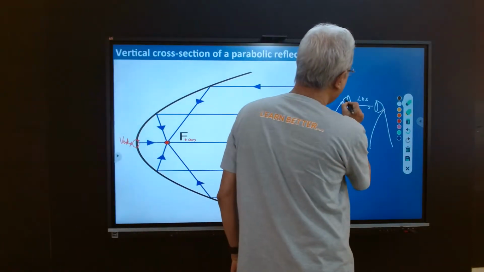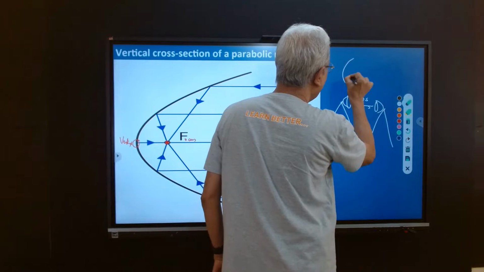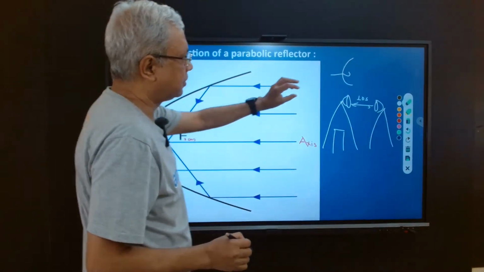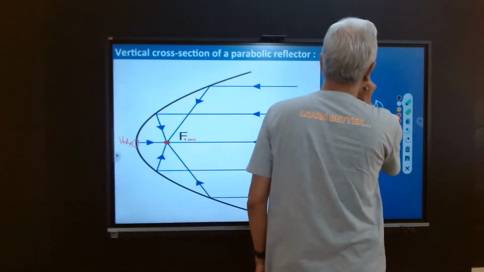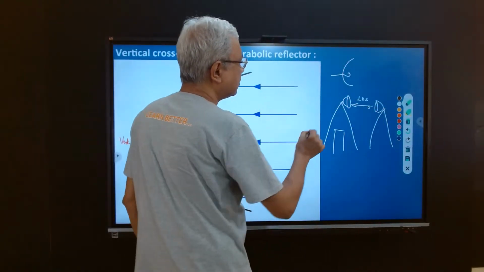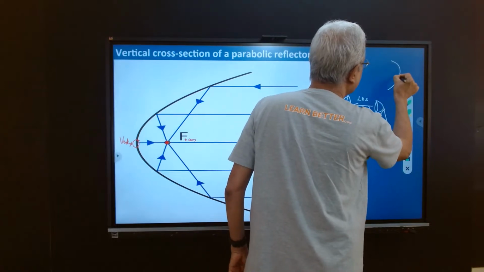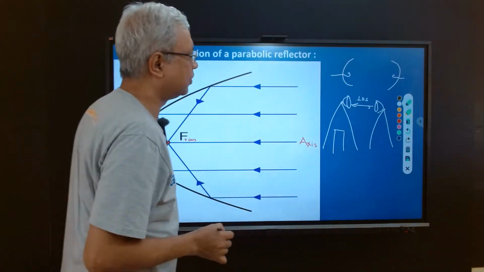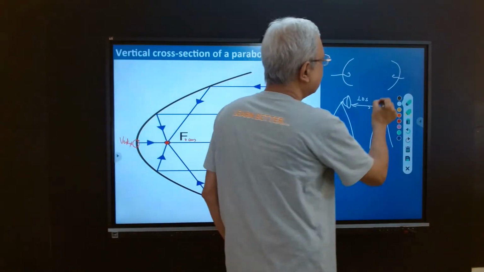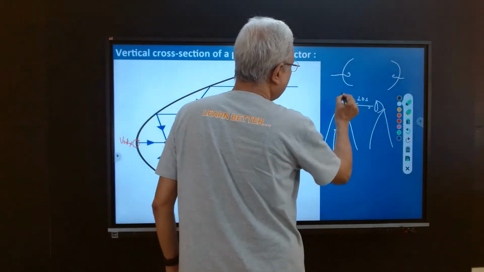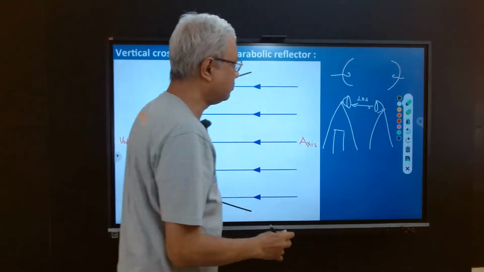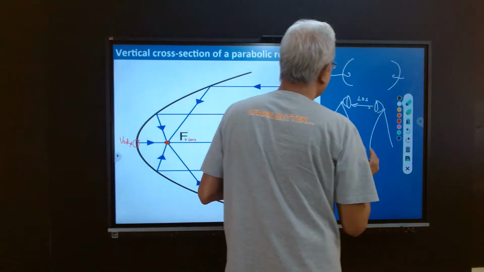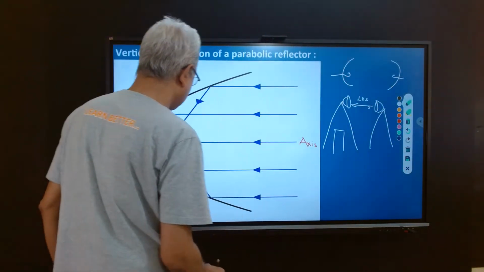At the focus of the parabolic reflector, there is an antenna feed, you can say a source or radiator, and there is another parabolic reflector here, and again at the focus of the parabola, there is a radiator. This antenna system, this parabola, acts as a reflector. They are used for line of sight communications.